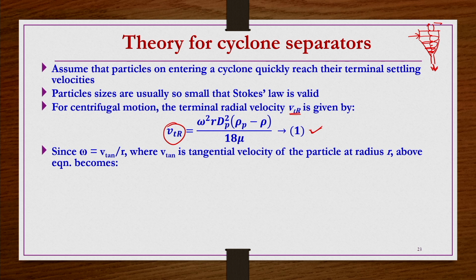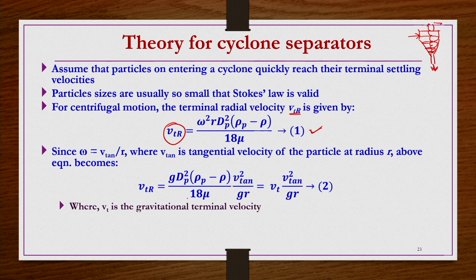In place of omega, if you substitute V tan by R, we have this equation. So, V tan square by R square should be there, and the remaining R term was already there.